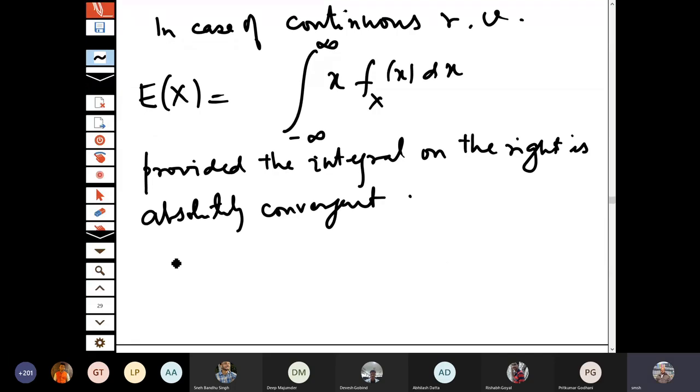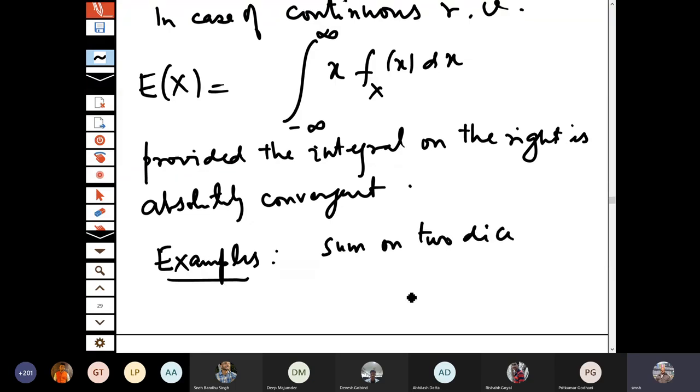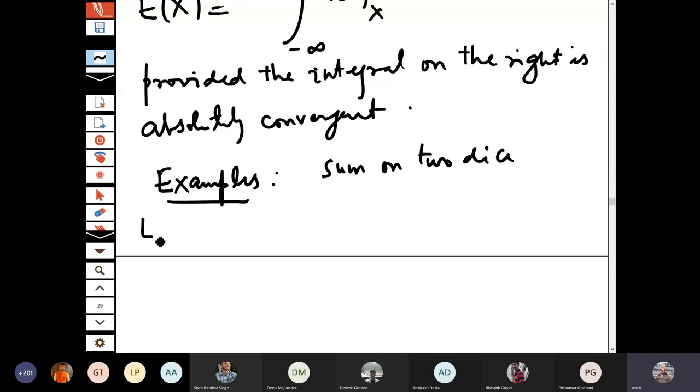So let us look at some of the examples here. Let us look at the sum on dice. So you had the random variable's distribution. It was taking value 2 with probability 1 by 36.